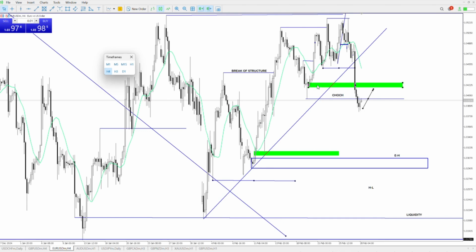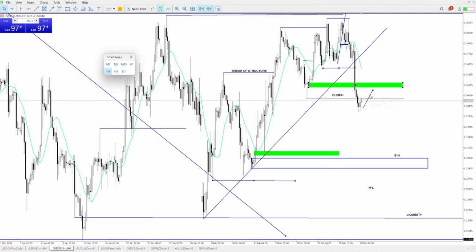This is an invalidated order block, which is now going to serve as a point of resistance for price to move back, to move down into this particular order block, and we have a fair value gap here. So this particular point is our buying zone right now.